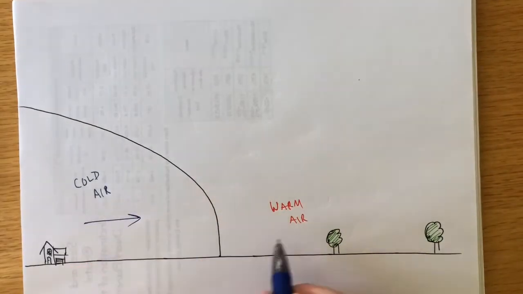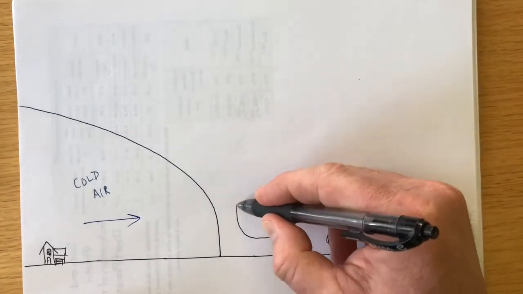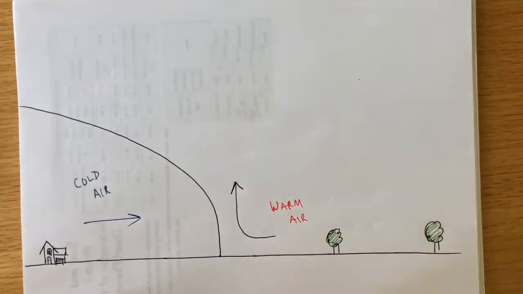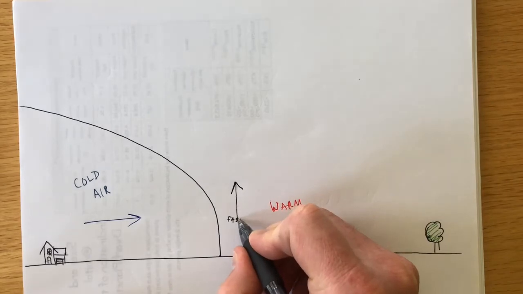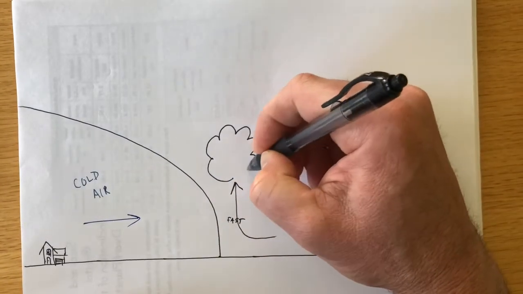As my cold air pushes into the warm air, the warm air gets pushed upwards at a steep angle, which means it's gonna go up very fast. When it goes up fast, you get those puffy cumulus clouds.